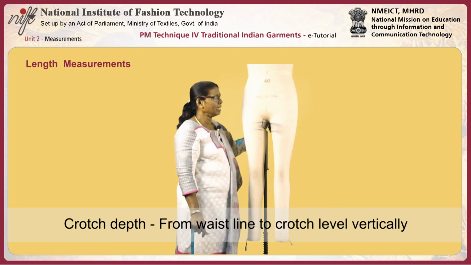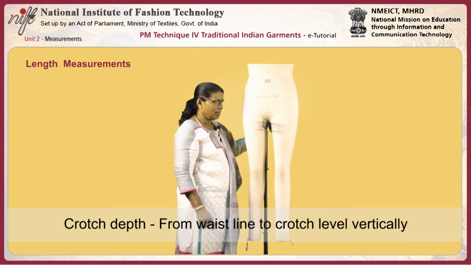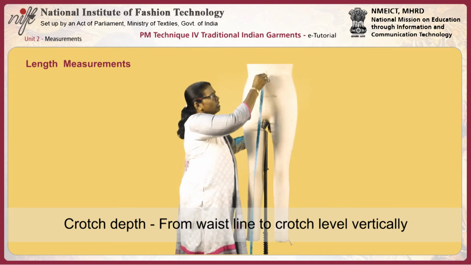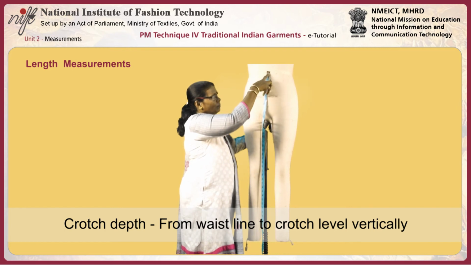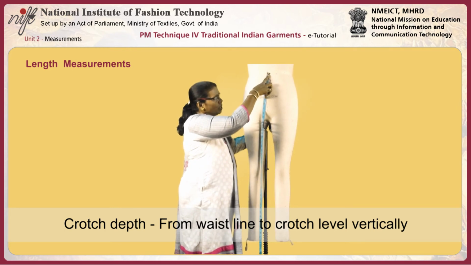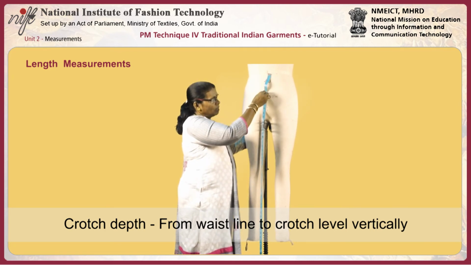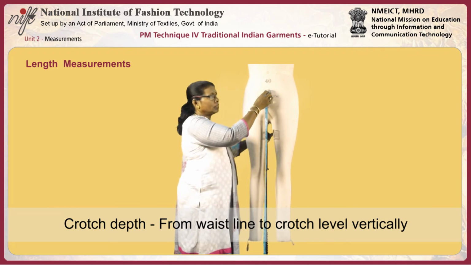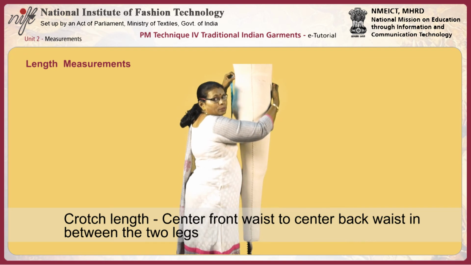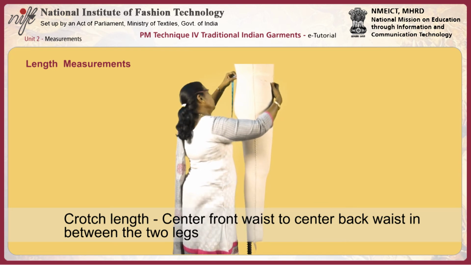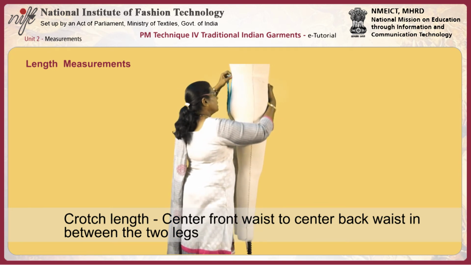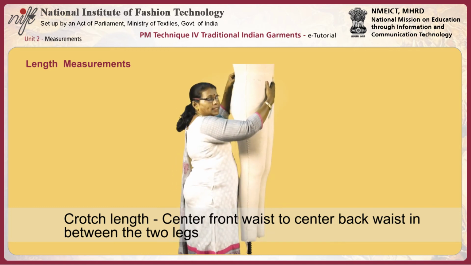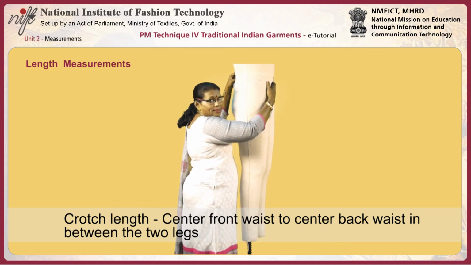Place a scale in between the legs parallel to the floor and take the measurement from waistline to the crotch level vertically down, which is the crotch depth. From center front waist to center back waist in between two legs is crotch length.